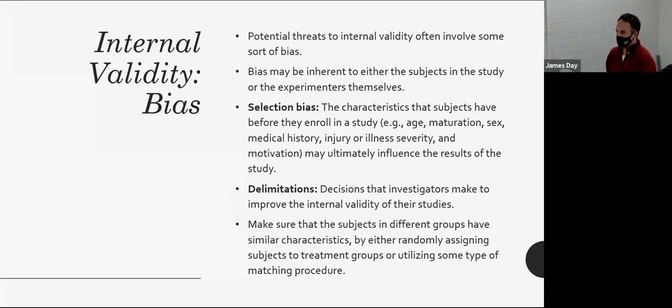Like if I was doing that same study beforehand on the ankle sprains, and I did random selection, but for whatever reason, I got a bunch of tall people in one group and a bunch of short people in another group. Now I have 2 variables that could affect it. I have my intervention and I have height. Height would be that confounding variable.